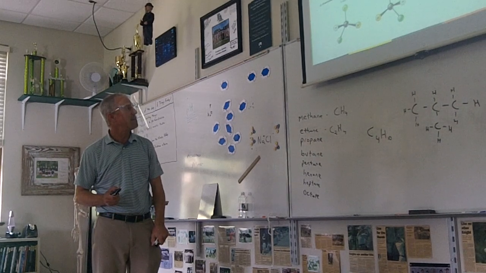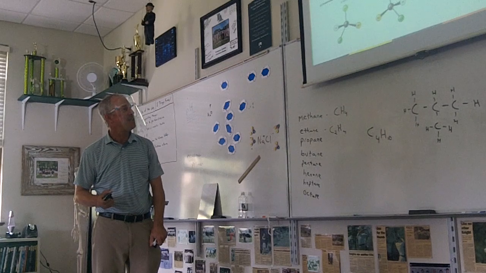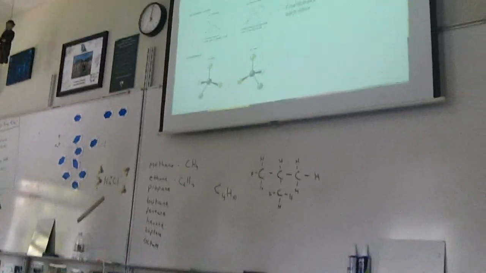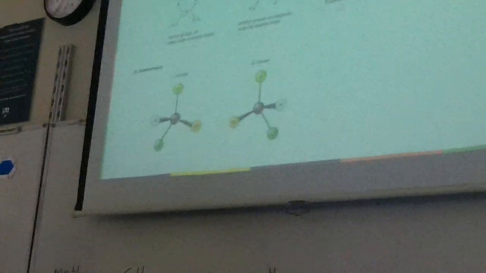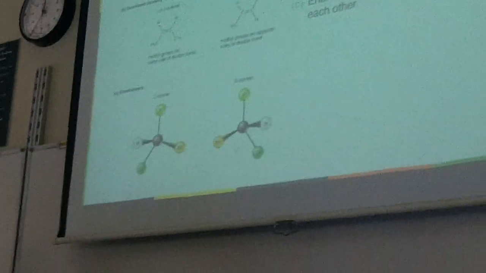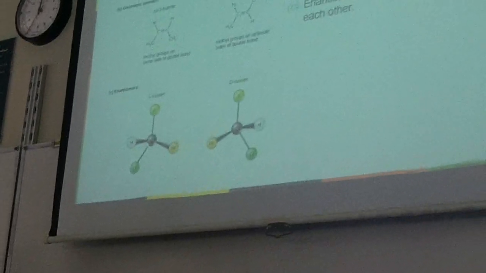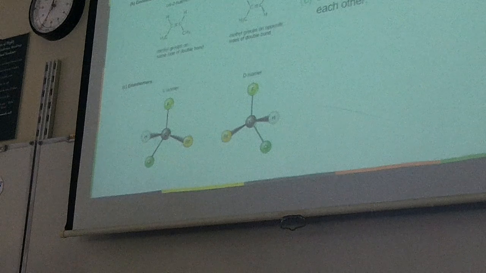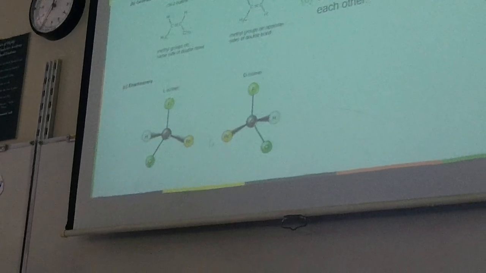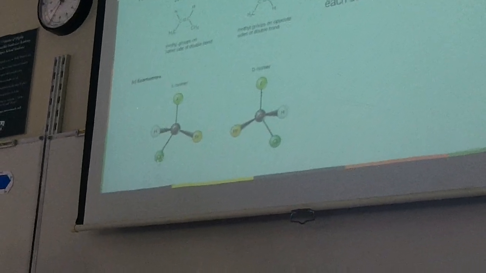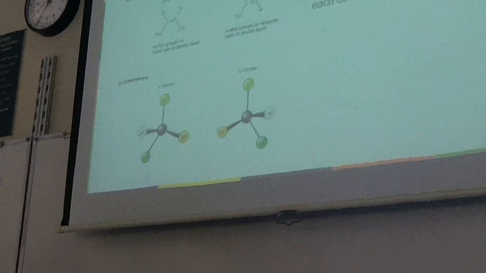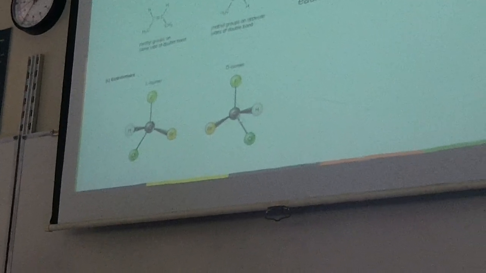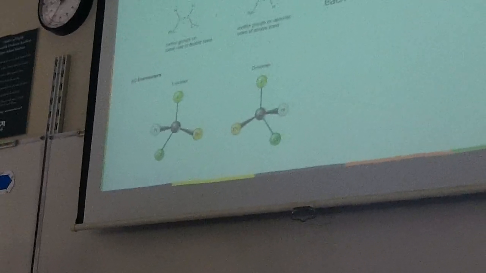How about an enantiomer? Enantiomers are mirror images of each other. So here, the bromine comes off here. Chlorine, fluorine, and hydrogen. Here, the bromine's on the other side.